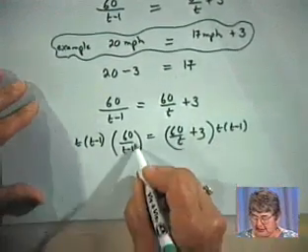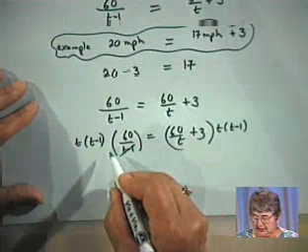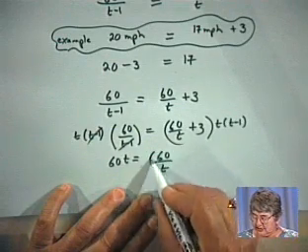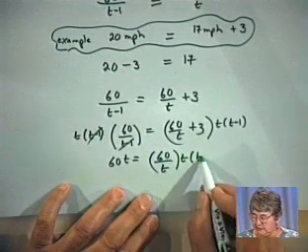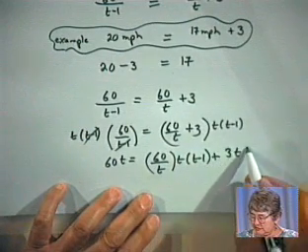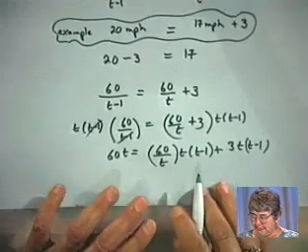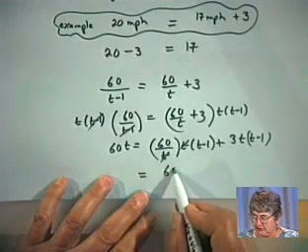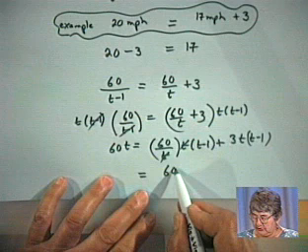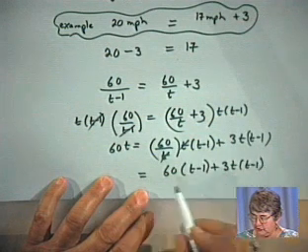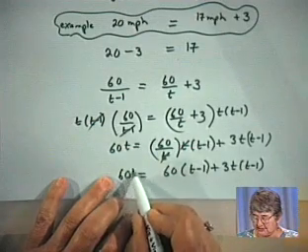On the left-hand side, the t minus 1, distribute, will have 60 over t times t minus 1 plus 3 times t minus 1. Okay? So the 60 over t, the t's cancel off, and we end up with a plain 60t.